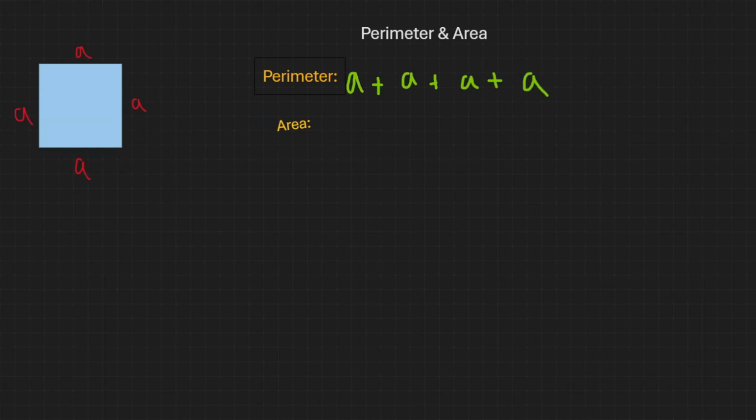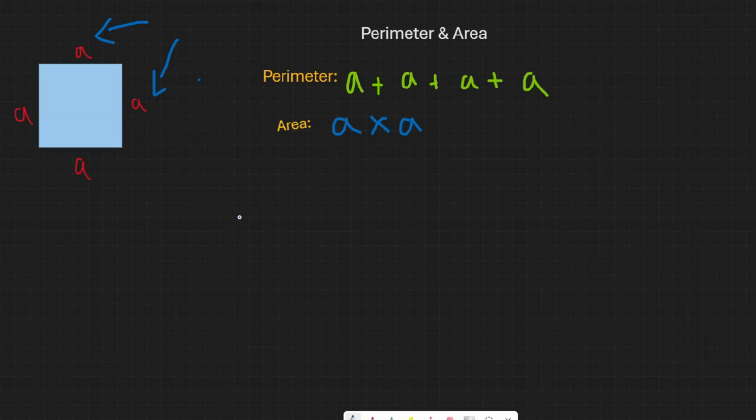Perfect. So the area is equal to basically this side over here multiplied by this side over here. So if this side is A and the other one is also A, the area is equal to A times A. Again, we don't care what A is, it could be any number, we just have to replace A with the actual number.